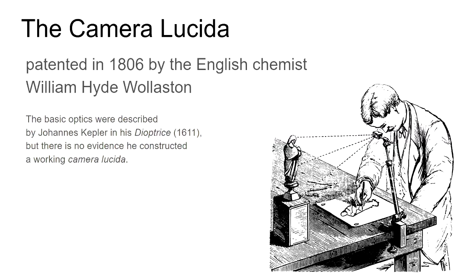Anyone can buy one of these at an art supply store, a camera lucida, which is simply a projector. It's doing the same thing, allowing you to trace what you see through this light projection. Kepler actually commented about this, but there's no proof that he actually made one, though he understood how the physics of it works. So this is the actual first patent.